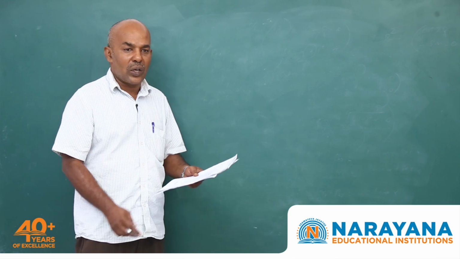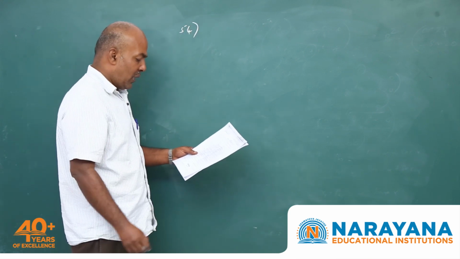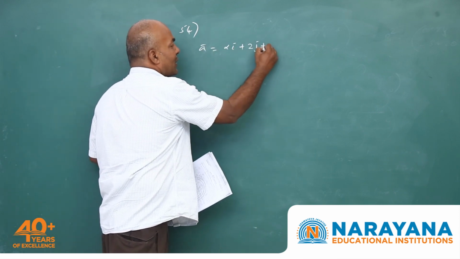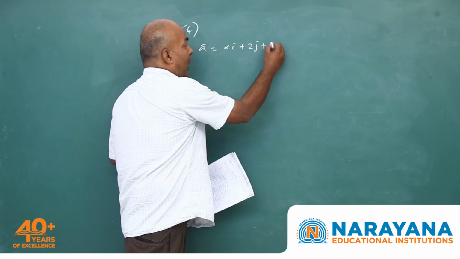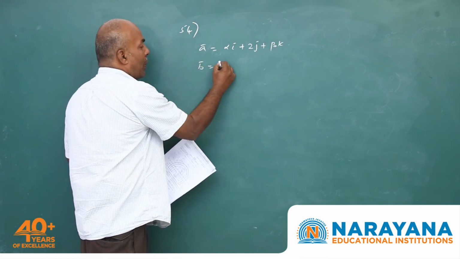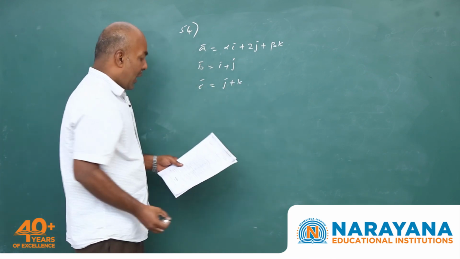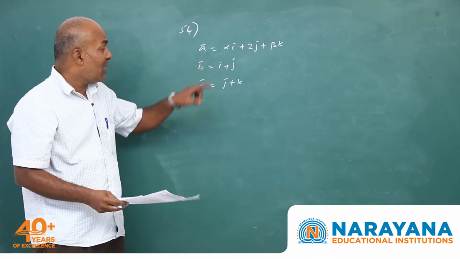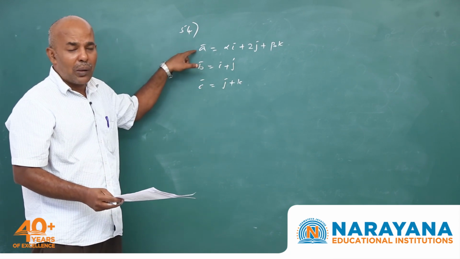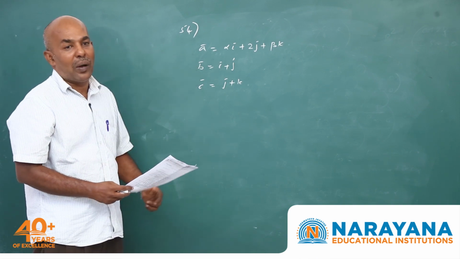Now we shall discuss question number 54. The question is, given that a bar equals alpha i plus 2j plus beta k, and b bar is i plus j and c bar is j plus k, and given that a bar lies in the plane of b and c, and also a bar bisects the angle between b bar and c bar.